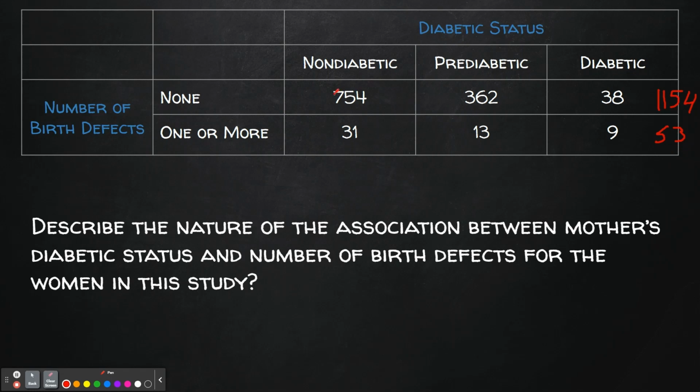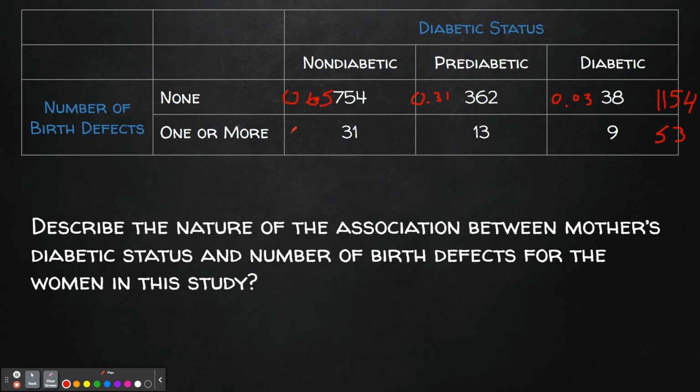If we go through and divide each of the values in this first row by 1154, we get 0.65. That's a horrible 6 there, sorry about that. Here we get 0.31. And on the end we get 0.03. Those are just kind of rounded values.